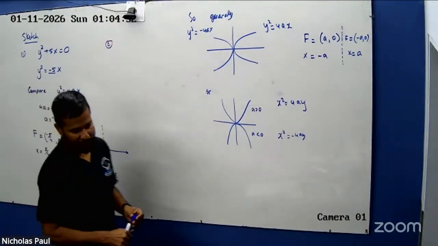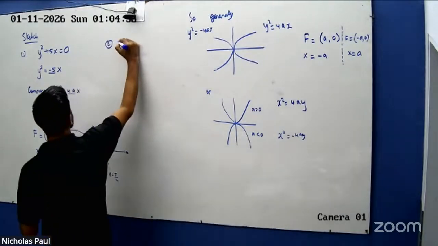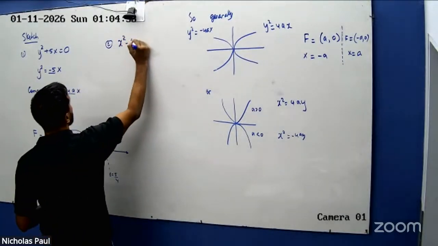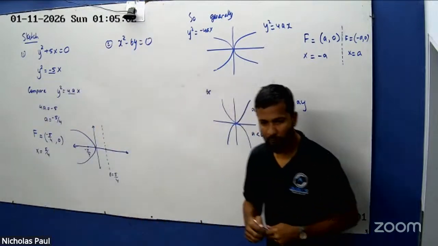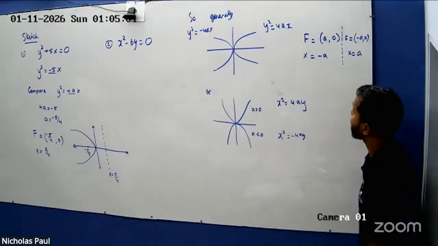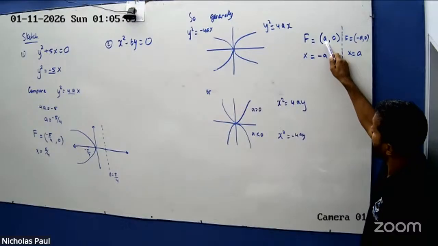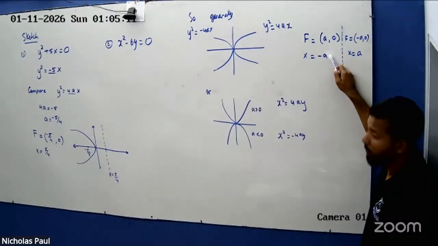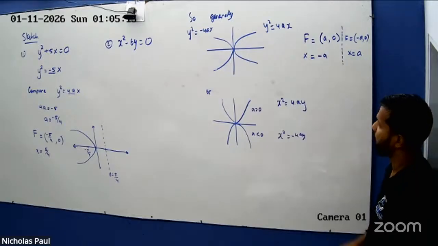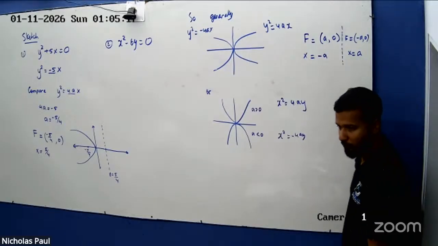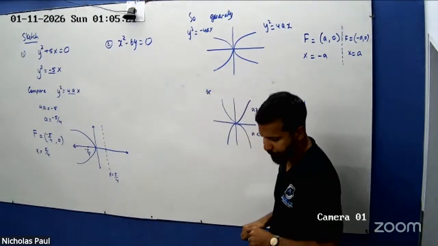If a is positive, use this one; if a is negative, use that one. We can see the a value here. Same concept.